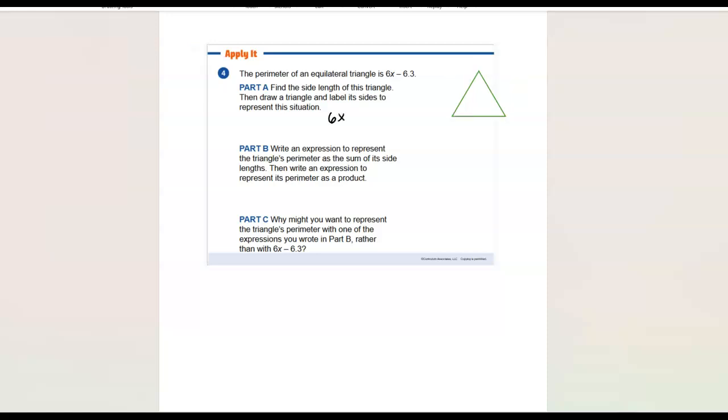So if I take 6x minus 6.3 and I just divide everything by 3, I should get my expression. Well, 6x divided by 3 gives me 2x, and 6.3 divided by 3 gives me 2.1. So that means every side should be 2x minus 2.1, 2x minus 2.1, 2x minus 2.1.